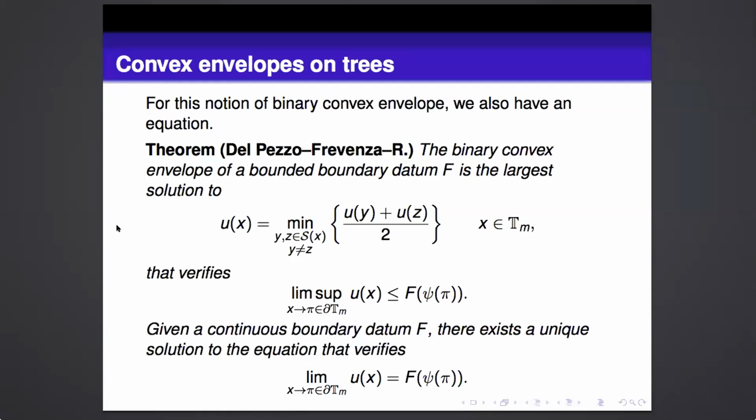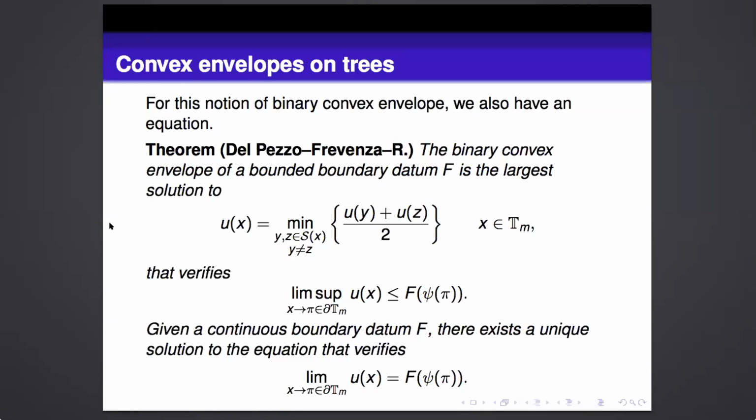Okay, what is this equation in terms of the eigenvalues of the Hessian? Because here we don't have derivatives, we only have differences between things. But we want to understand this equation in terms of the eigenvalues of the Hessian. What is the analogous of the eigenvalues of the Hessian inside the tree?